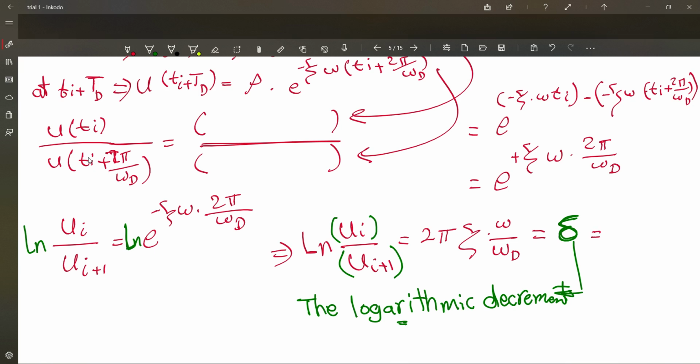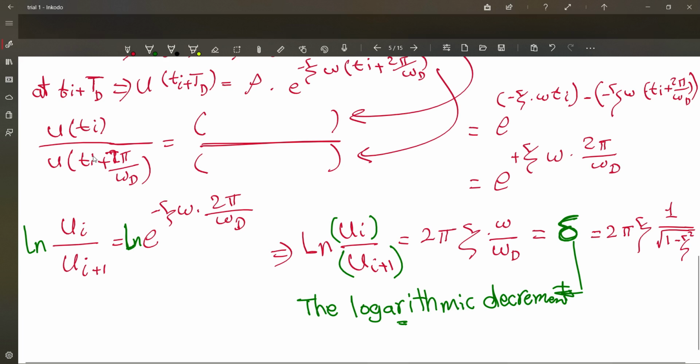And then we are going to reduce this in a way that we know it will. So we're going to put it like 2 pi psi, and this omega over omega d, is it okay if I put it like 1 over the square root of 1 minus psi squared? I think it's okay. From the previous video, you are going to find that this is okay because this is the ratio between omega and omega d.